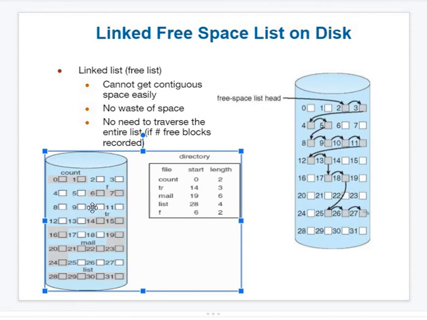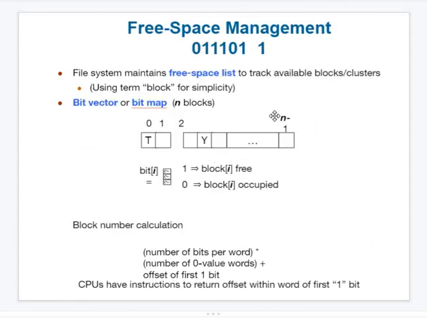Then 8, 9, 10, 11, 12, 13 are free. 14, 15 are busy, but 17 is free, 17, 18. So 19 to 24 are busy, so they will not appear in the free space list. But 25, 26, 27 will appear. That means allocation is done in the directory, and free is done by the free space management unit.